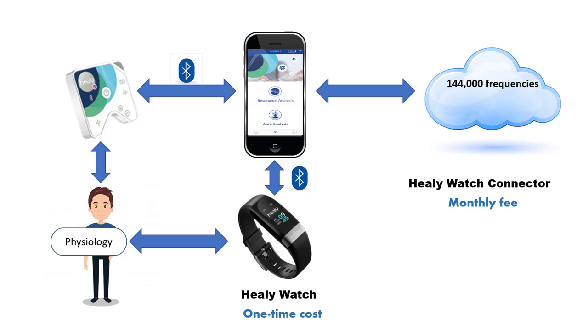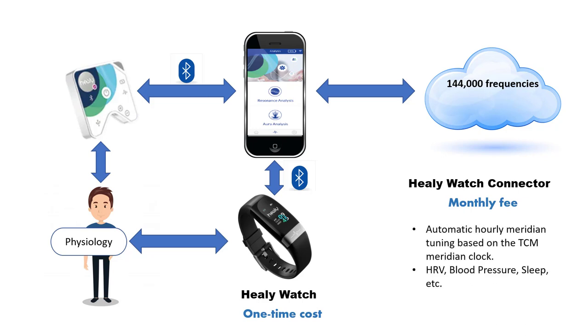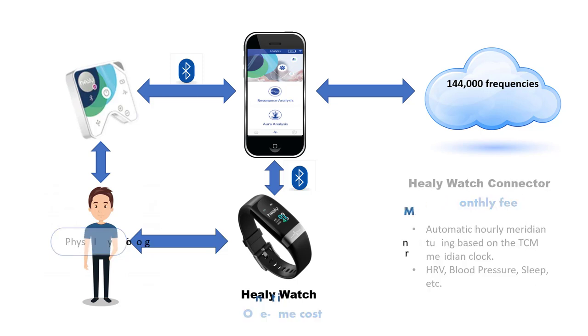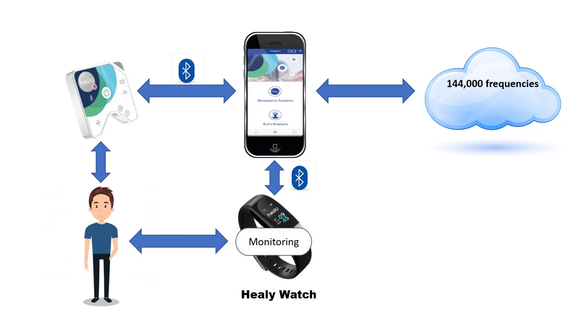And that also connects it to the database in Switzerland. So that has features like automatic hourly meridian tuning that's based on the Chinese medicine meridian clock. It has heart rate monitoring, heart rate variability monitoring. It's monitoring your physiology, and that data goes into the watch.